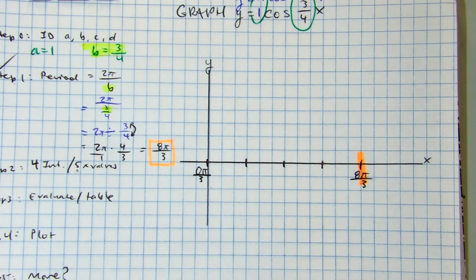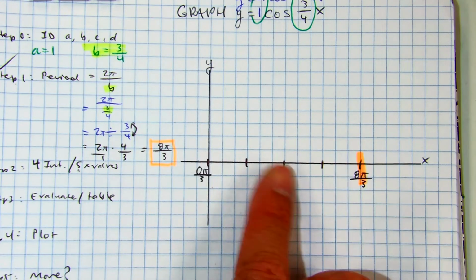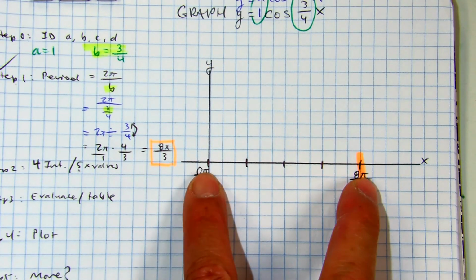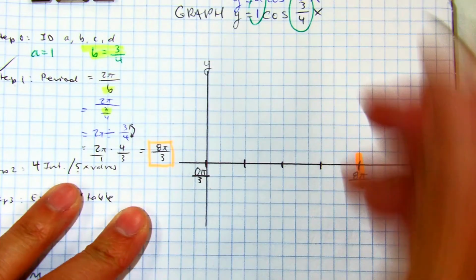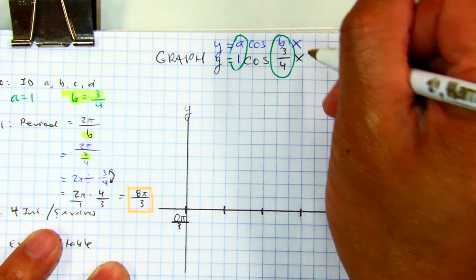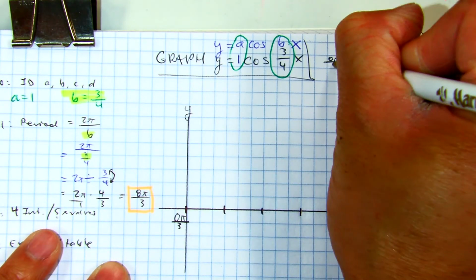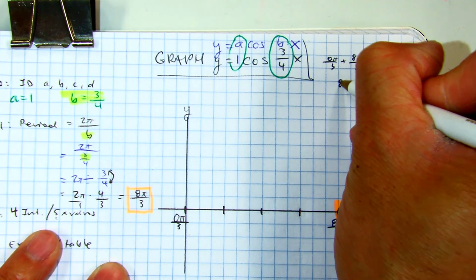Okay, from here, it's just a bunch of fractions and midpoints. To find the midpoint, you would add these 2 points and then divide it by 2, and you would get this point. So, class, what is 0 plus 8? Let's do it up here. 0 pi over 3 plus 8 pi over 3, which is just 8 pi over 3.